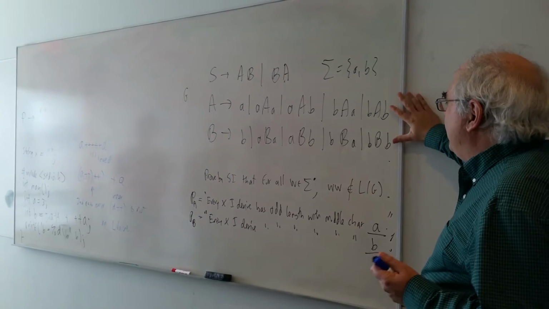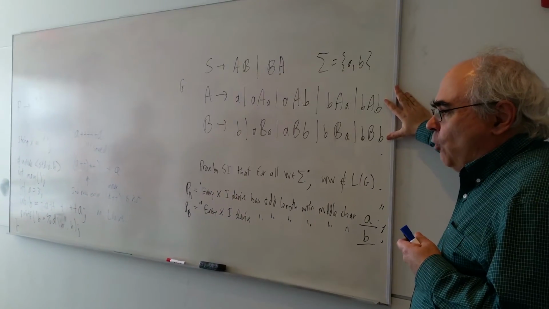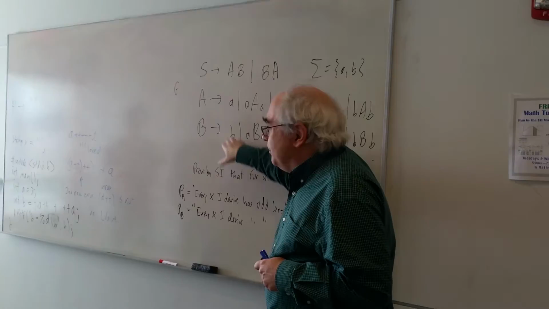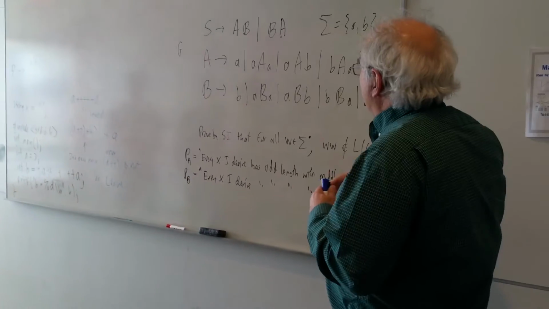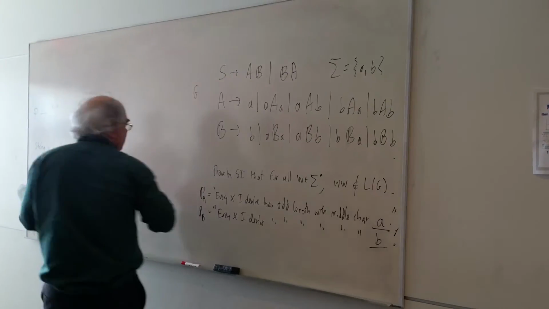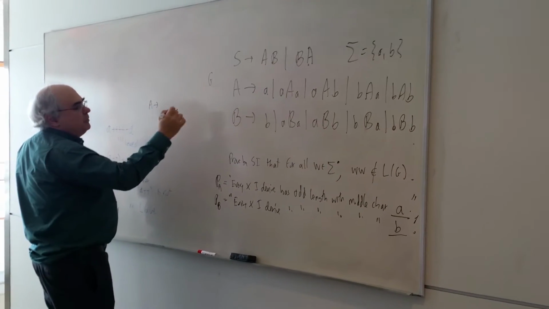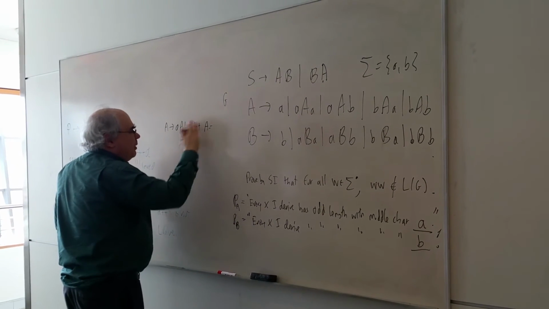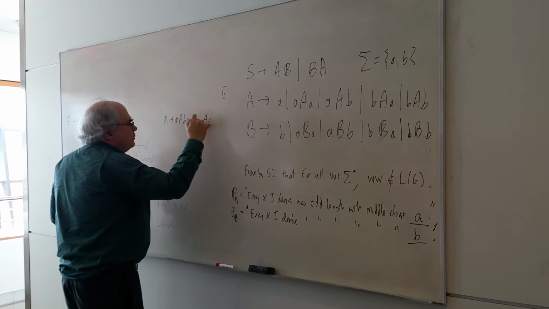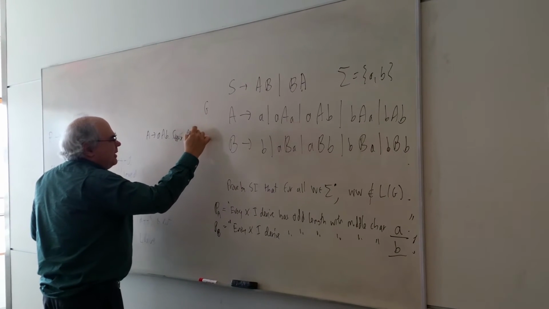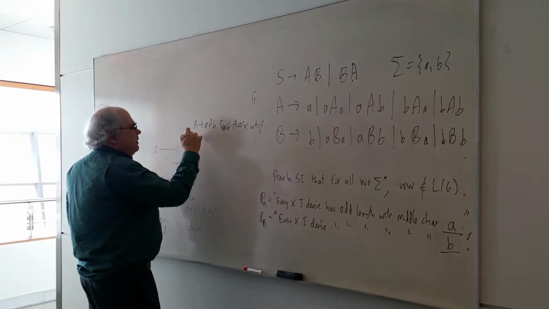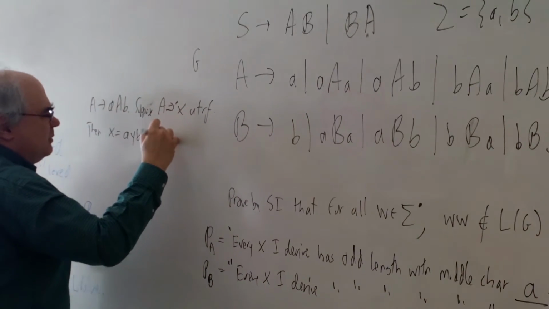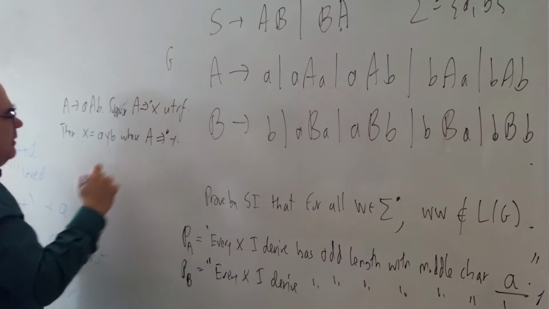Now, these properties are fairly clearly upheld in all of these rules for A and B, because this is odd length 1 and that's the middle character. For instance, if we take the rule A arrow aAb, suppose A derives star x using this rule first. Then x equals a y b, where A derives star y.